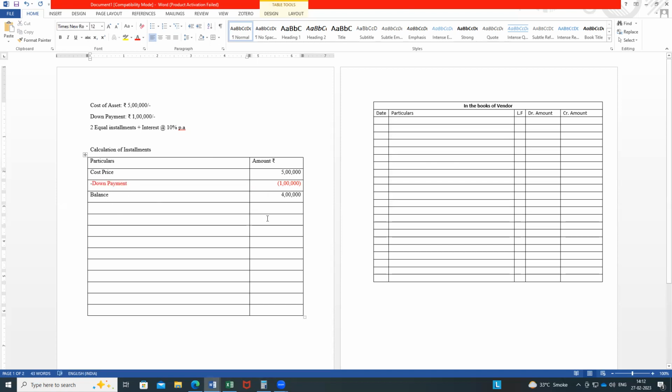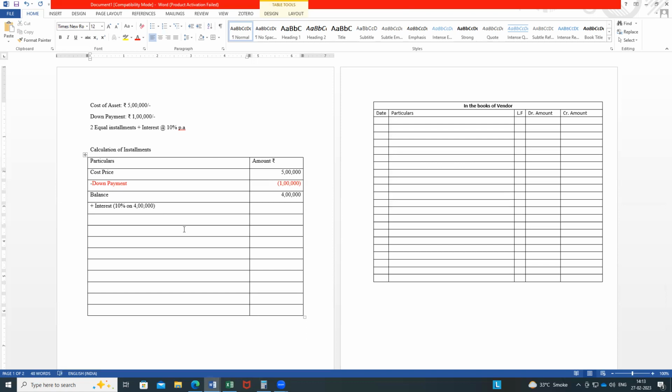Now the first thing that we need to calculate is the interest. Being a vendor, मैं interest charge करूंगा buyer को. So the interest has to be added first. So how to calculate interest? Interest is 10% on the outstanding amount, which is 4 lakh in our case.